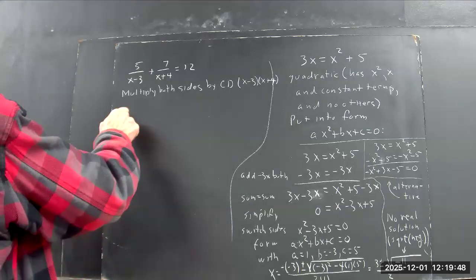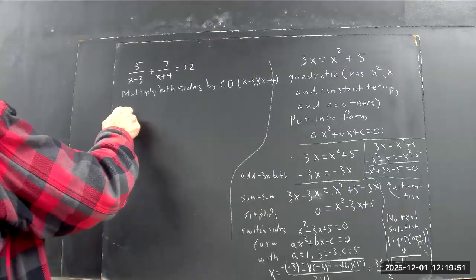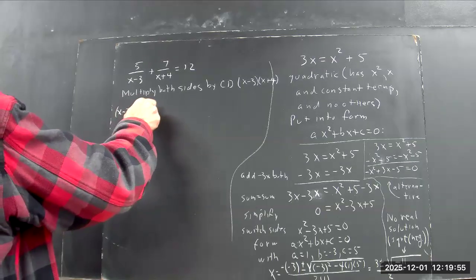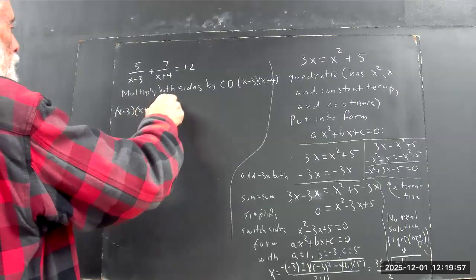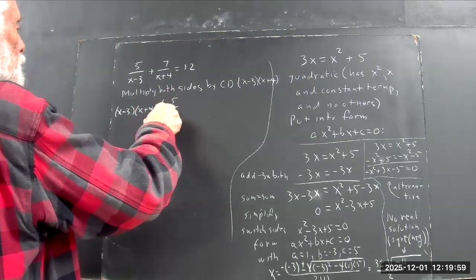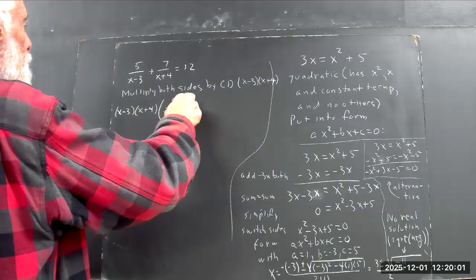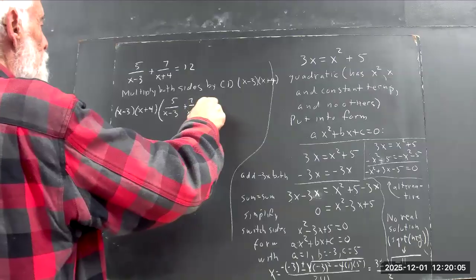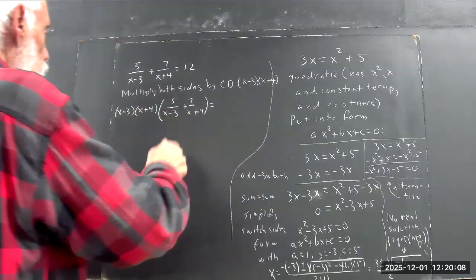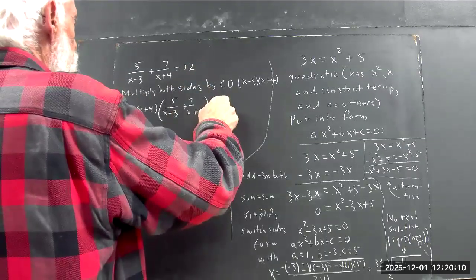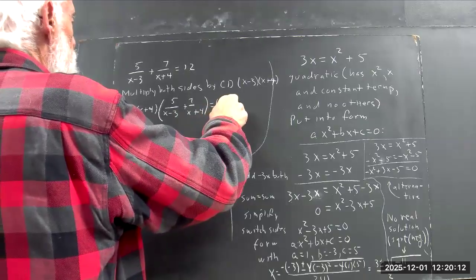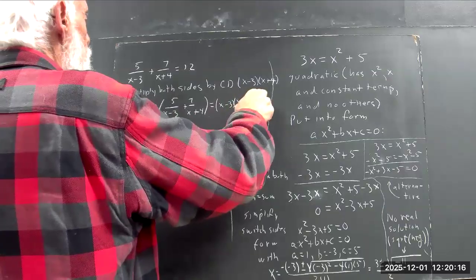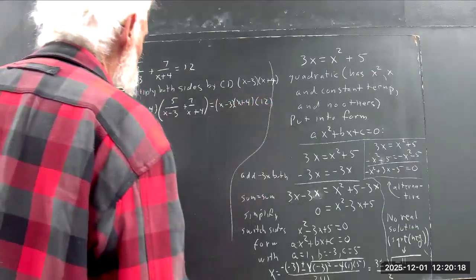So we multiply x minus 3 times x plus 4 times 5 over x minus 3 plus 7 over x plus 4. And on the other side, multiply the 12 by the same thing, x minus 3 times x plus 4 times 12.